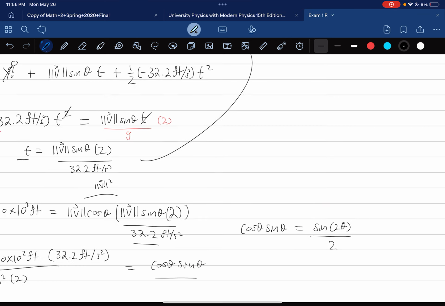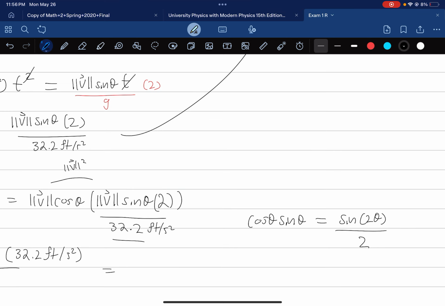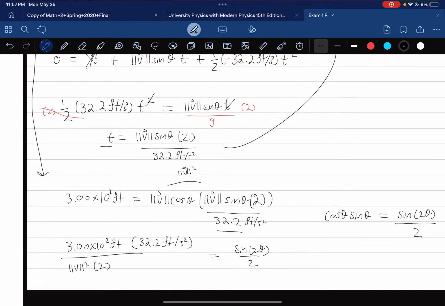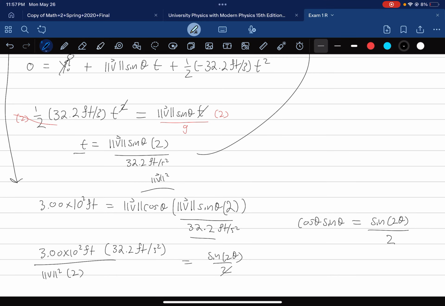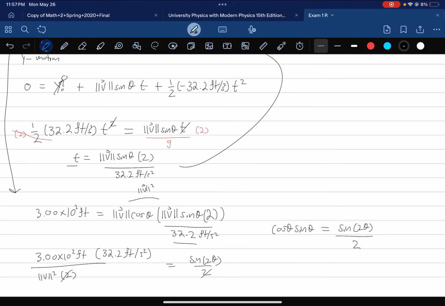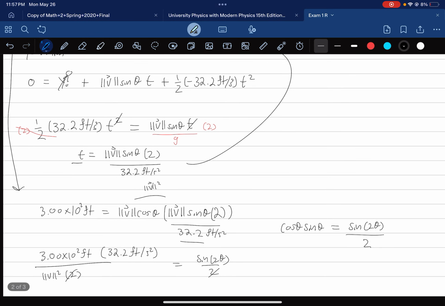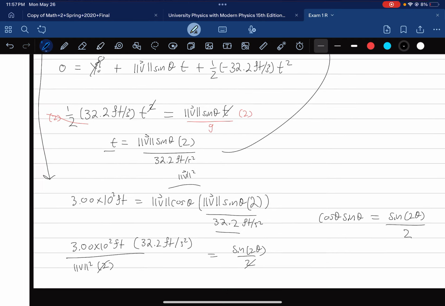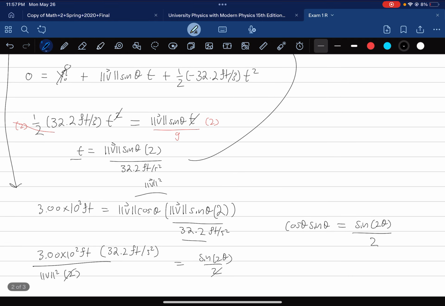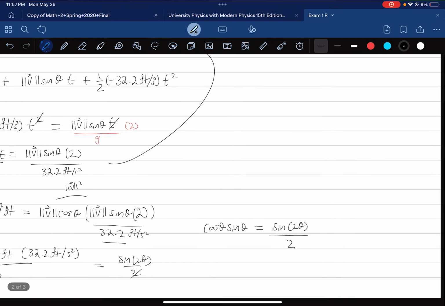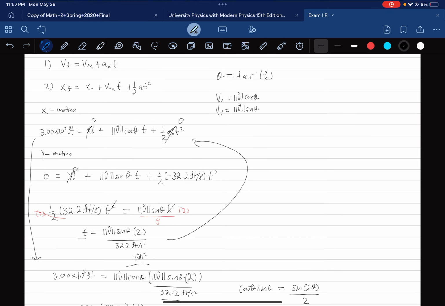So I'm just going to erase this for the time being. It's going to make it a lot easier. So let's replace it. Divided by 2. These two terms cancel out because they're both on the same side. And then you can do inverse sine, so you can isolate the 2 theta, which we will do right here.